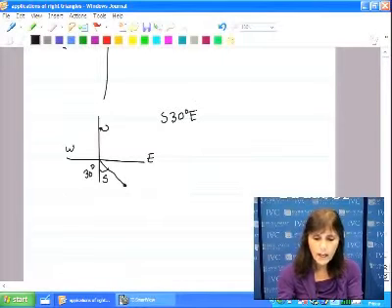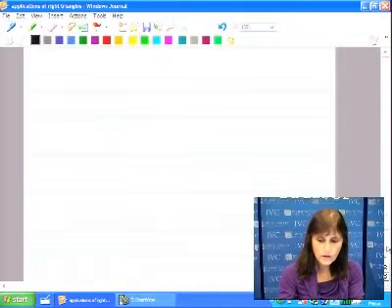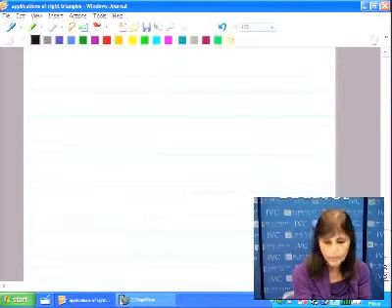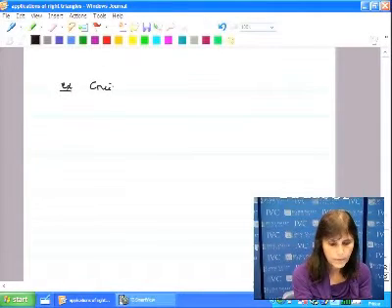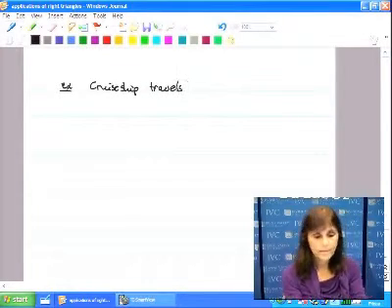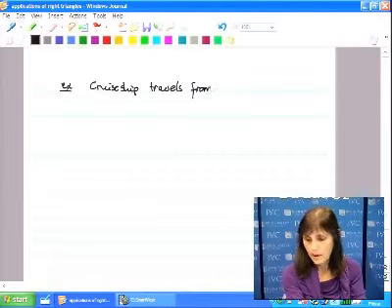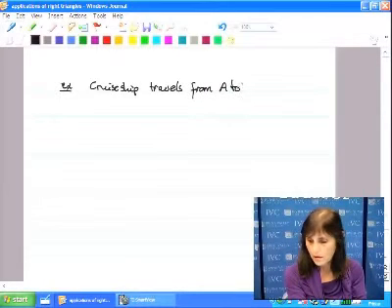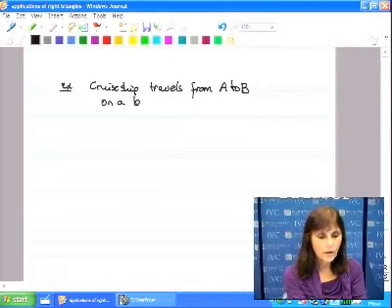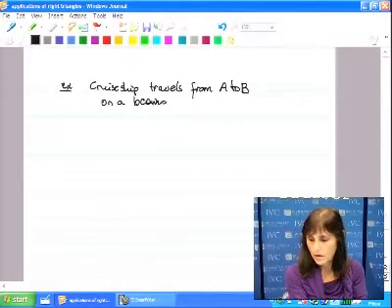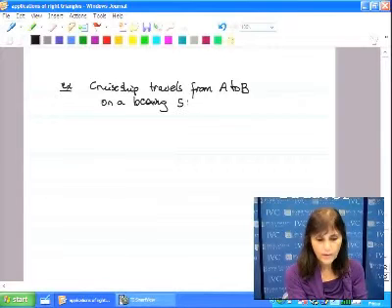Okay, so now that I know how this works, I'm going to give you a problem. A cruise ship travels from A to B on a bearing, here we go, is the word, south 15 degree east.